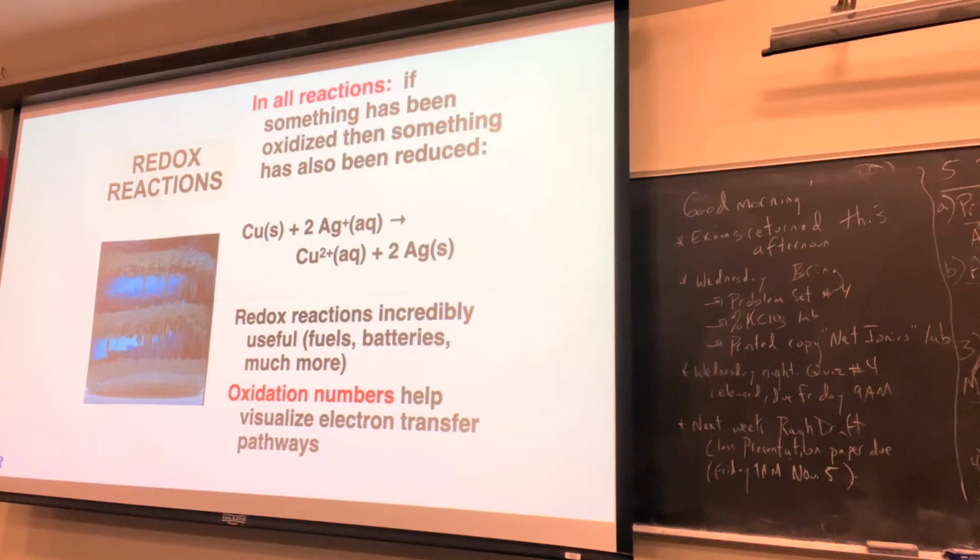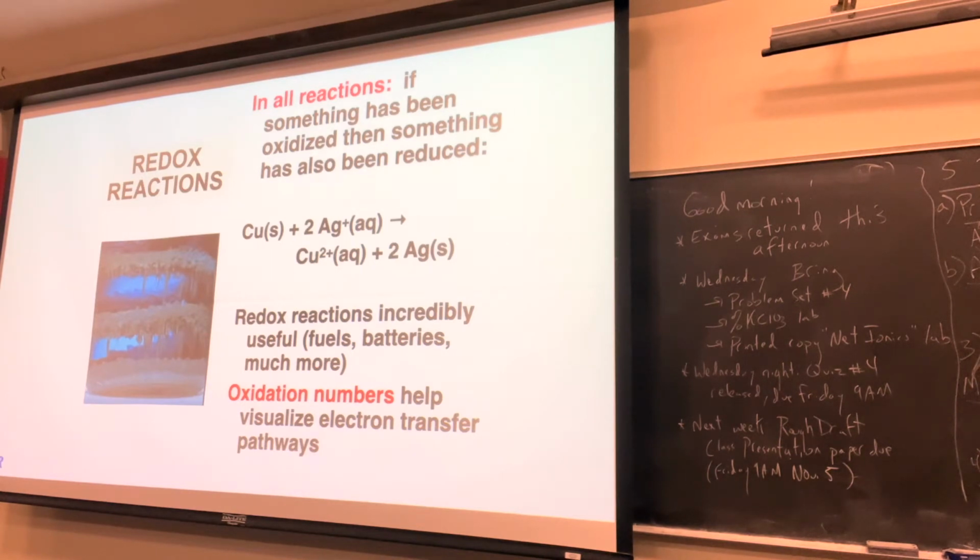Those are sometimes better ways to figure out if you have a redox reaction. But the highlight here of a redox reaction is that if you have something being oxidized, you must have something being reduced. Because that oxidized part is going to be losing electrons, and electrons don't do well in the wild. You can't usually cage electrons and show them to your friends.